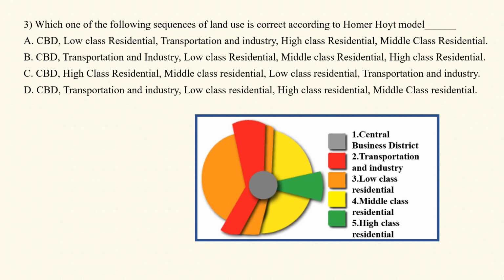In the first option they have given high class residential in the middle, so it is wrong. In the second option they have given high class residential in the last, so it is correct. Then in C they have given high class residential in the second, so it is also wrong. And in option D they have given high class residential here, so it is also wrong. So option second or B, it is the correct answer.